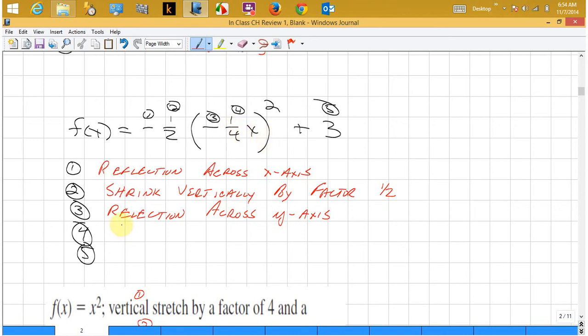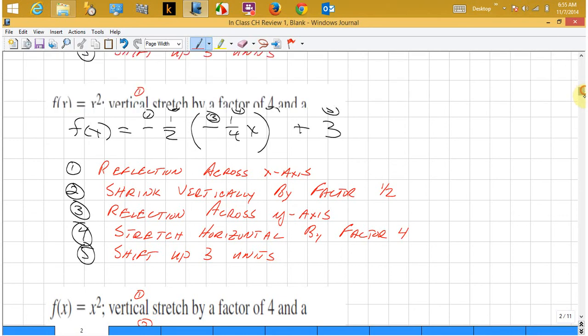That's going to be a stretch horizontally, because the x is a horizontal movement. And lastly, we have this k value, so k is equal to 3. That's going to be a shift up and down, so it's going to be a shift up 3 units.